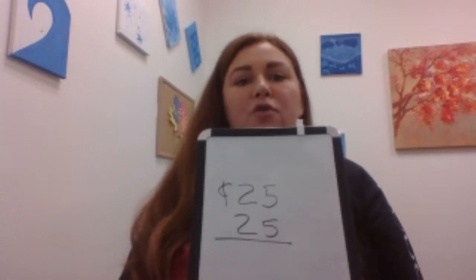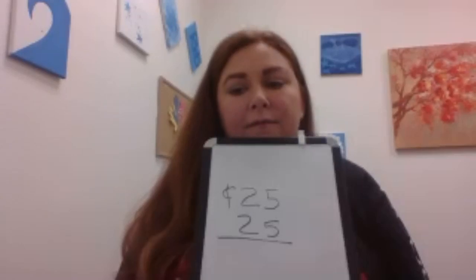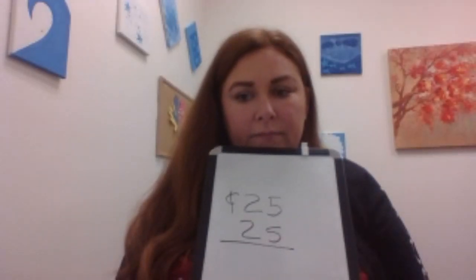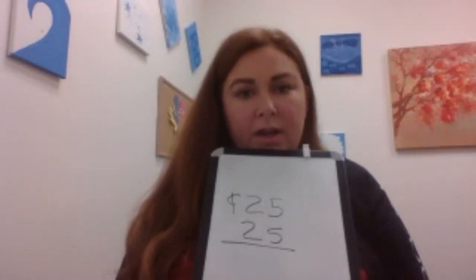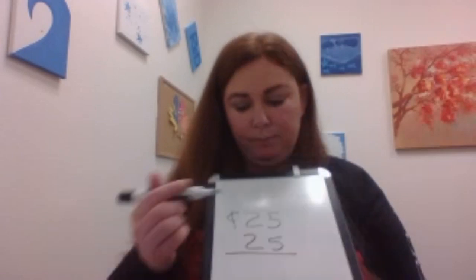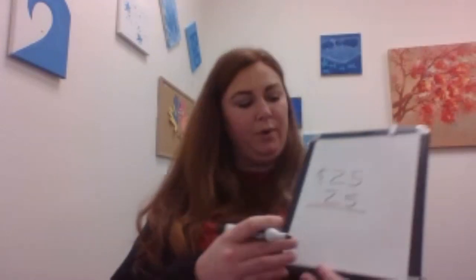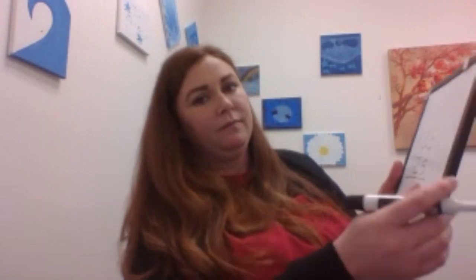So if you get 2 quarters, how much do you have? It goes from 25 cents plus 25 cents, you end up with 50 cents. And then you can buy a candy or something for 50 cents. That's a good idea.